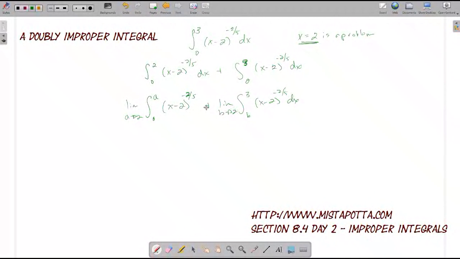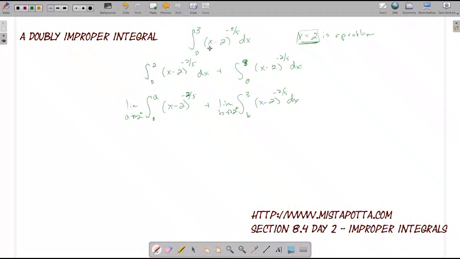The thing is, anything that's involving my 2, anything that's involving this issue with my domain, I really need to treat from a limiting standpoint. And just to be clear, I'm really looking at this being a limit from the left, and this being a limit from the right, because this function may not have an actual limit at this point.